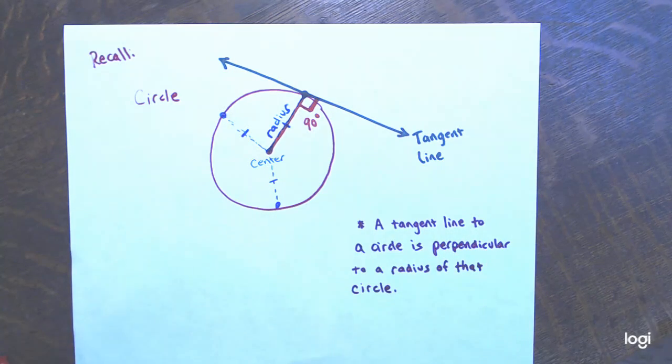Like I'm seeing up here. All right, again, little box notation for 90 degrees. All right, so we're going to have to keep that concept in mind when I talk about this next problem, where we're going to end up using the Pythagorean Theorem.